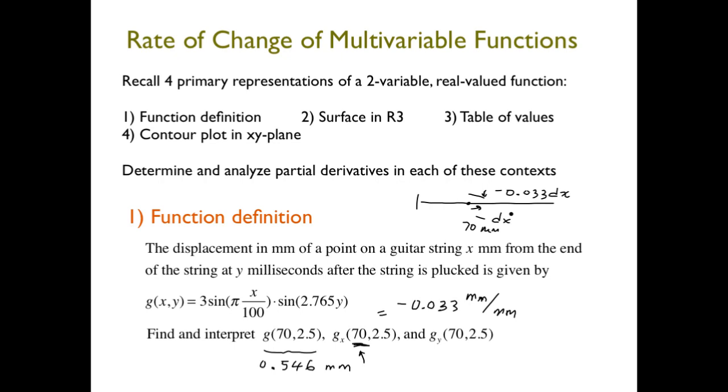All right, what do we get for this one? 5.425. And what's the units on that one? Millimeters per millisecond. I guess that's possible.